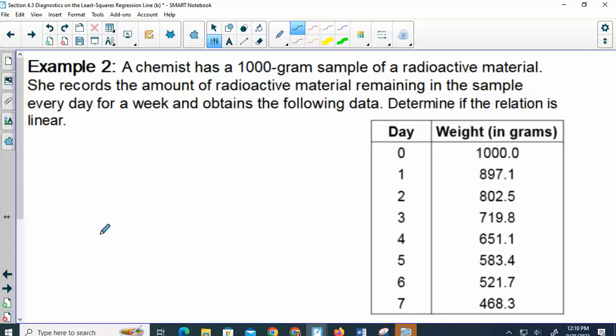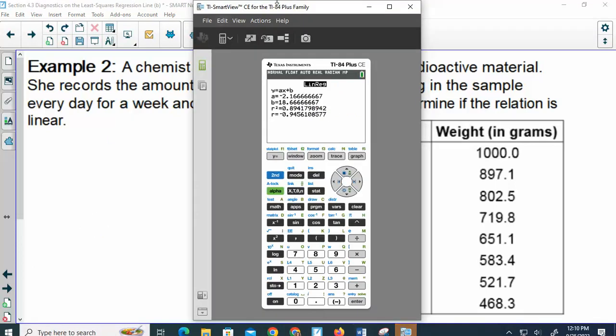Let me show you how to plot a residual plot. So first we're going to enter this data into L1 and L2.